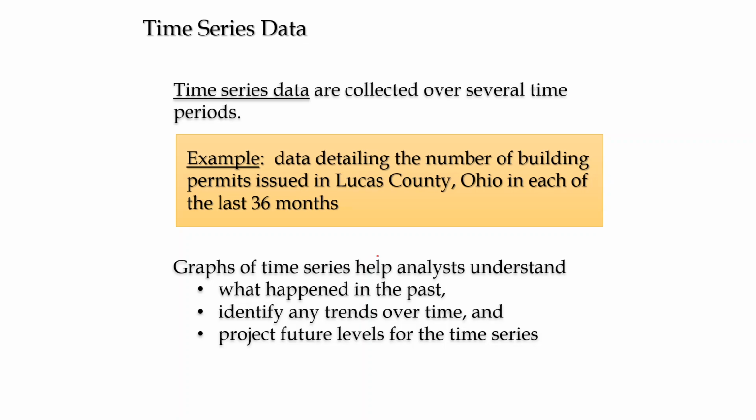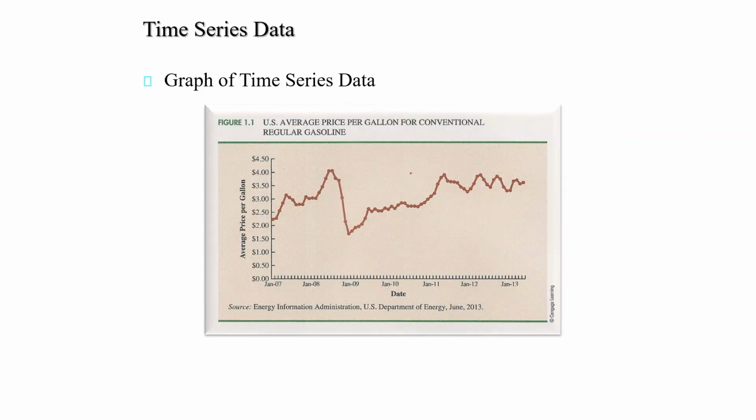If you want to learn more about time series data, you can take another class called economic forecasting. You can see this example for time series data. There is one very interesting characteristic when you use a diagram to show time series data: your horizontal axis is always time, like here is the date, and the vertical axis is the average price per gallon of gasoline.